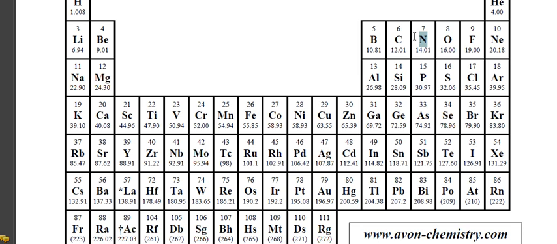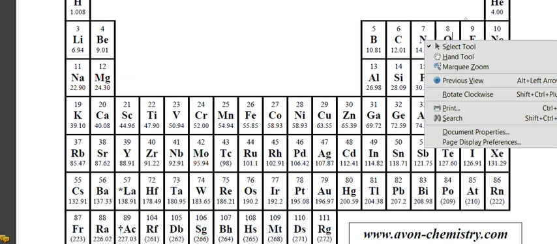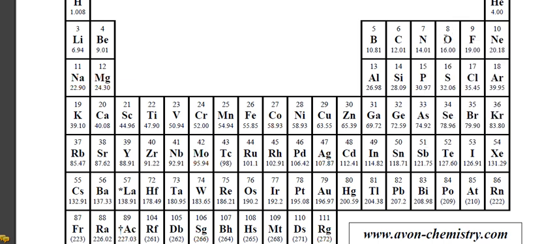That's a special stability. However, it's not a special stability rule. So once we place the fourth electron here in the oxygen, it's not going to take as much energy as it does for the nitrogen to have that electron removed. So there's a slight decrease.